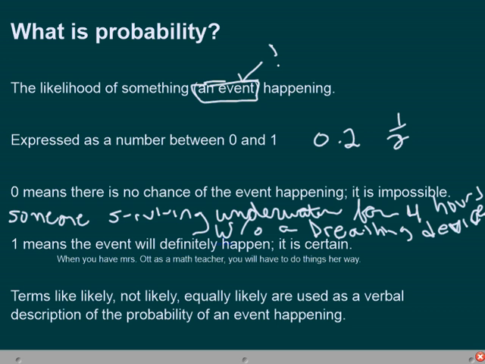All right, so some other words that we use in describing probability are likely, not likely, equally likely. Those are all probability kind of words. So in your notes, you have this plain old line here, and I want you to write some things on that line. All the way down at this side, I want you to put a 0, and I want you to write the word impossible.